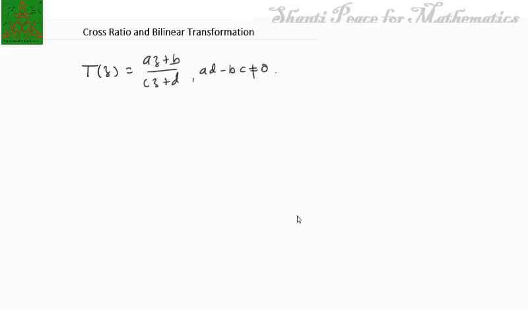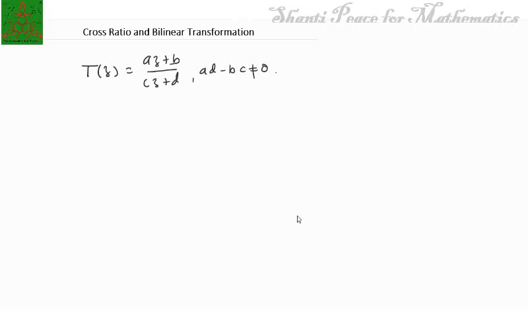The next step is to develop a specific type of bilinear transformation which maps three distinct points in the extended z plane onto three distinct points in the extended w plane. For this purpose, we introduce the concept of cross ratio. Now, what is the cross ratio?